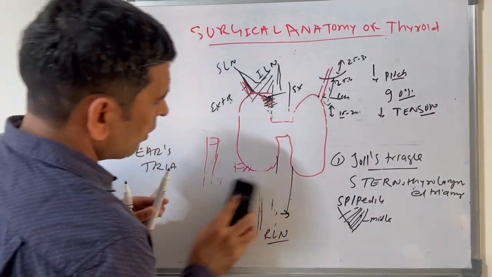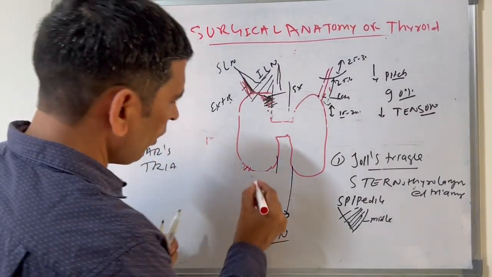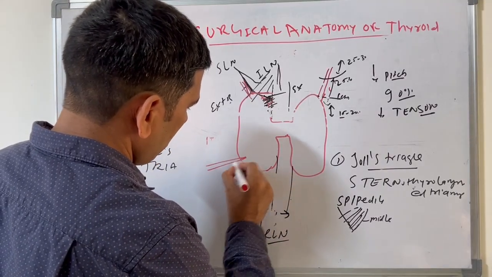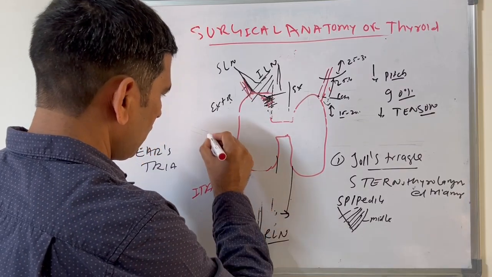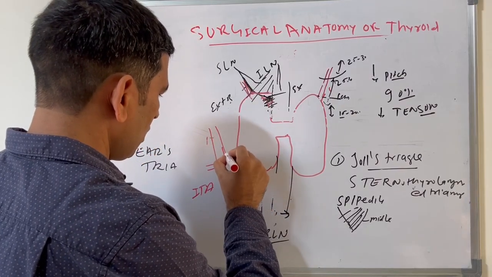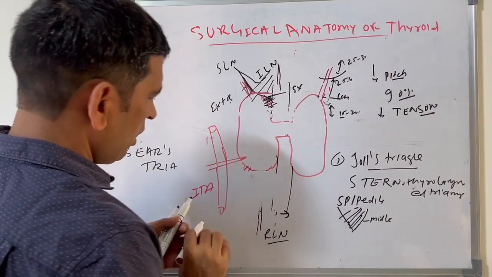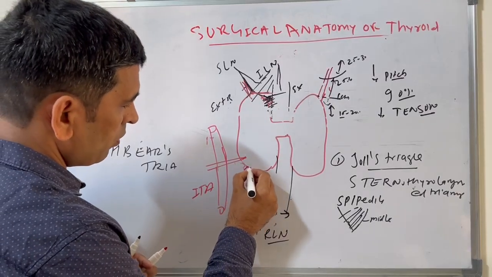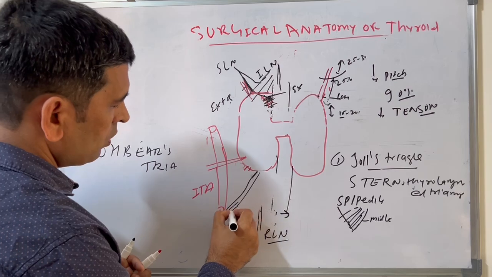Okay, I will draw this again so that you will understand better. This is inferior thyroid artery, and this is the common carotid artery, and here is the nerve going in the tracheoesophageal groove.